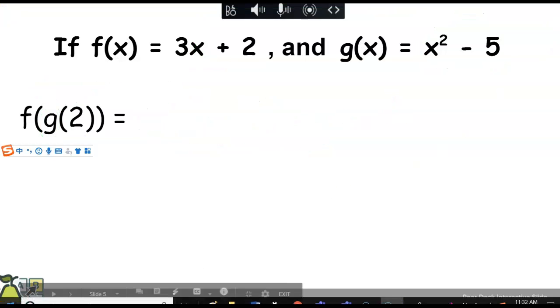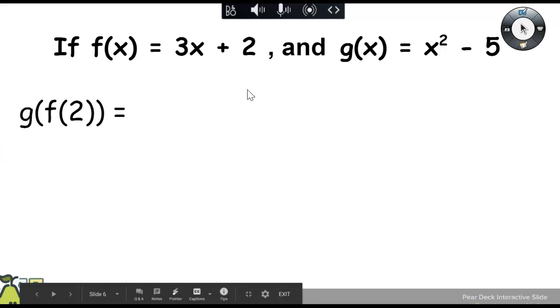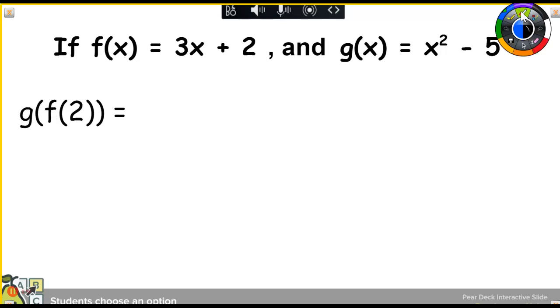Okay. Next one. Here you have two equations, and it asks you for the composite equation again. So immediately erase the parentheses and x in your original equation to not confuse you. And this time, the question asks you to plug equation f into equation g.